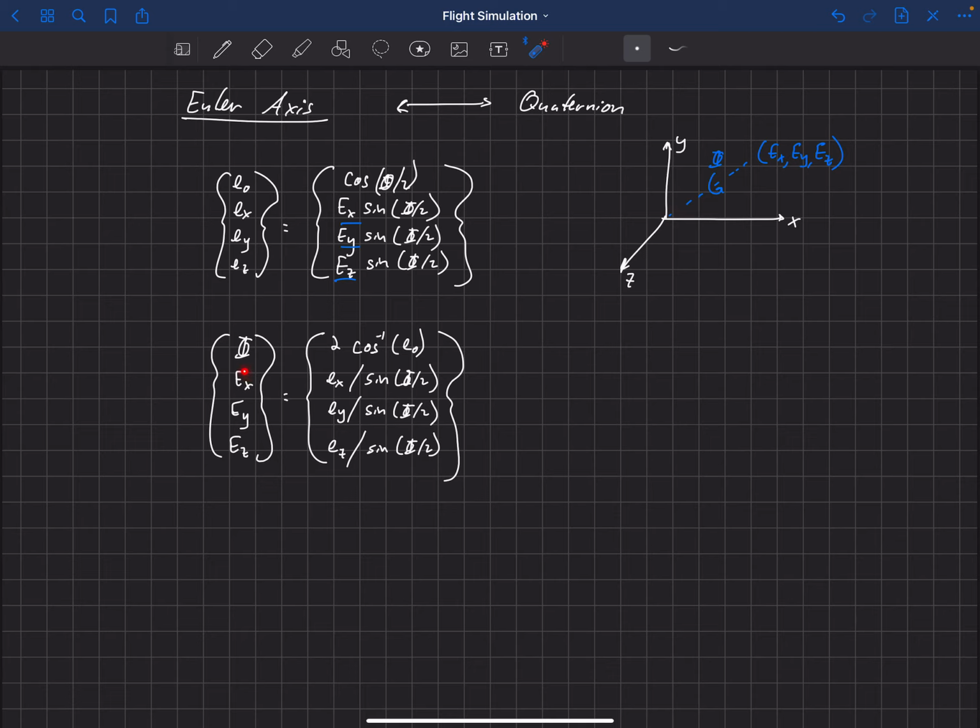Remember, these components, Ex, Ey, and Ez, have the same components in the Earth fixed coordinate system as they do in the body fixed coordinate system. And so you could actually show this vector relative to the aircraft itself during a simulation to show where the Euler axis is based off of the orientation of the aircraft.